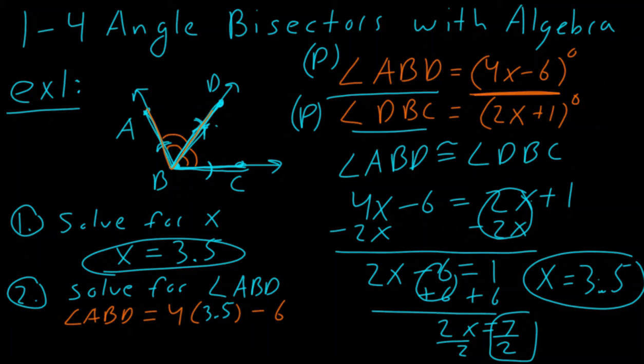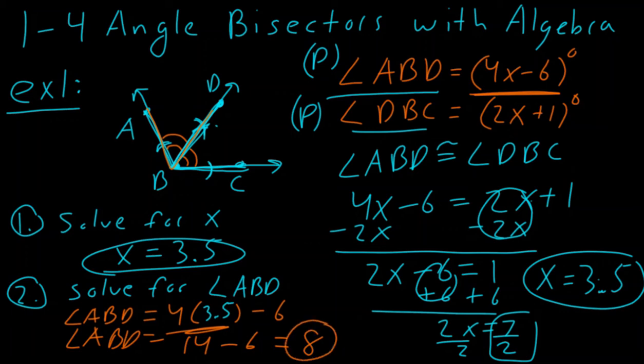So if you were to use your calculator, you would see that angle ABD is equal to 4 times 3.5, which would be 14 minus 6, and 14 minus 6, of course, equals 8.